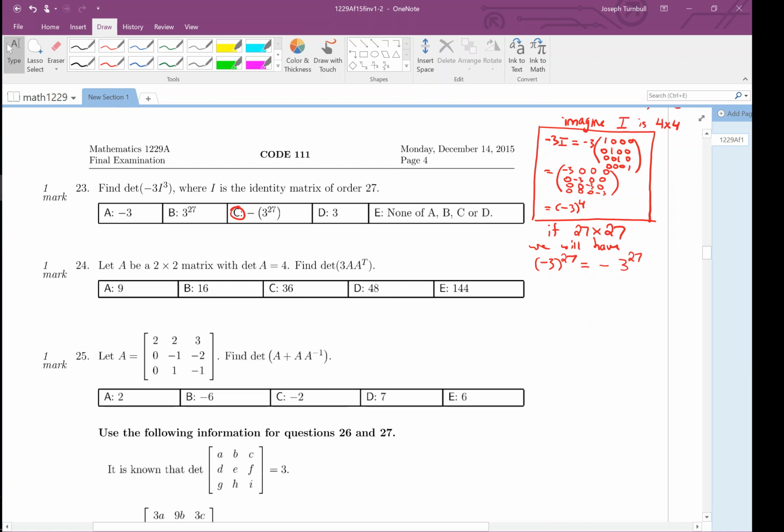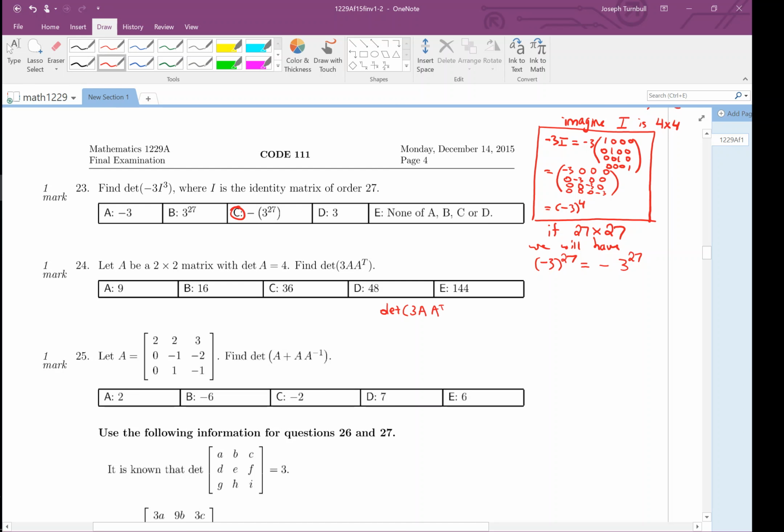Okay, number 24. Let A be a 2 by 2 matrix with determinant 4. Find the determinant of 3 times A transpose. Okay, so I have a determinant of 3 times A transpose.